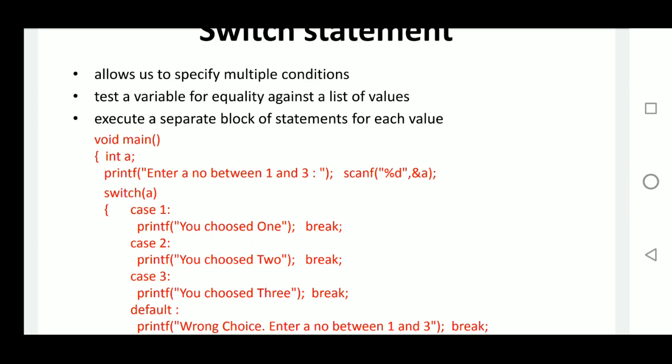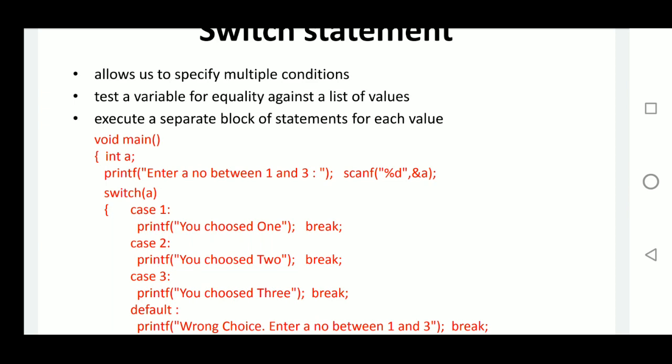It will define the cases according to the given value. Like if my variable value is 10, I am making cases from 1 to 10. So whatever the value of the variable, like 10, it will match case number 10. If the value of the variable is 1, it will match case number 1.